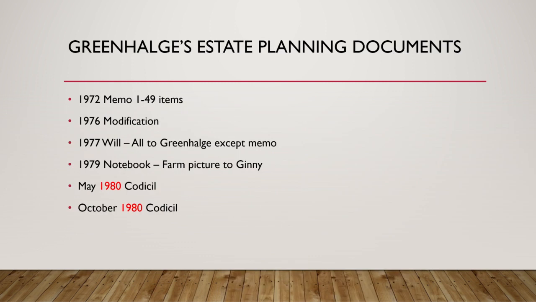So keep that in mind. The 80 and the 280 codicils give life to the 79 notebook. The 79 notebook, in which there was an addition of the picture to Jenny, would not be effective but for the subsequent codicils.